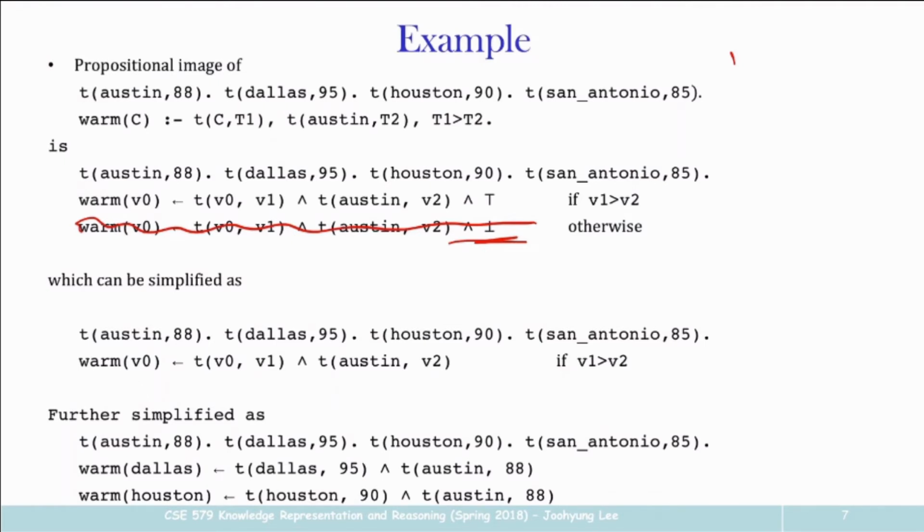Questions so far? Yes. If Clingo allows integers, why doesn't it allow real numbers? That's a good question. Clingo allows real numbers in certain ways, which we probably don't cover in this class. But historically, real numbers are not allowed because when you substitute the values, the number of rules can be infinite.